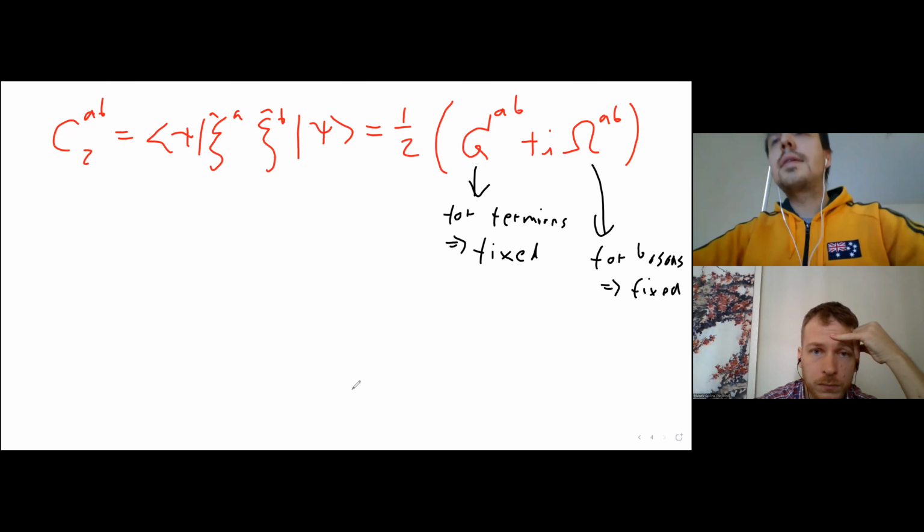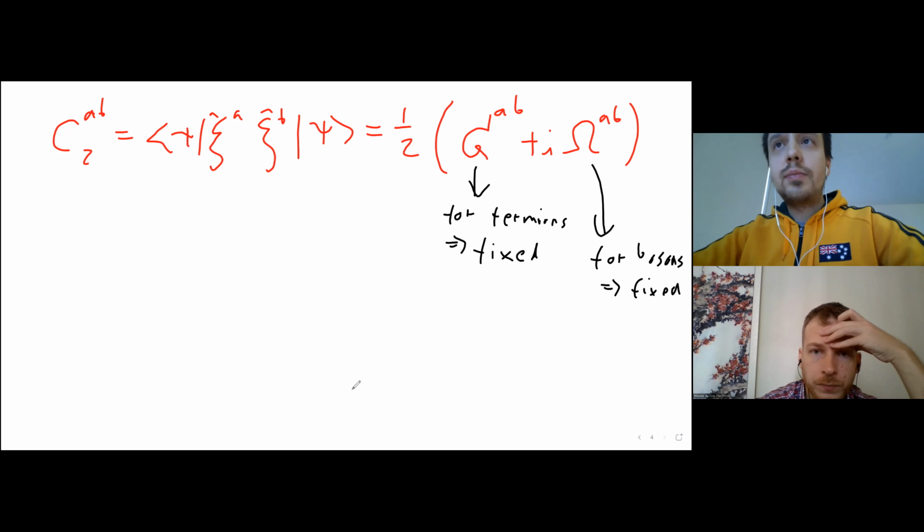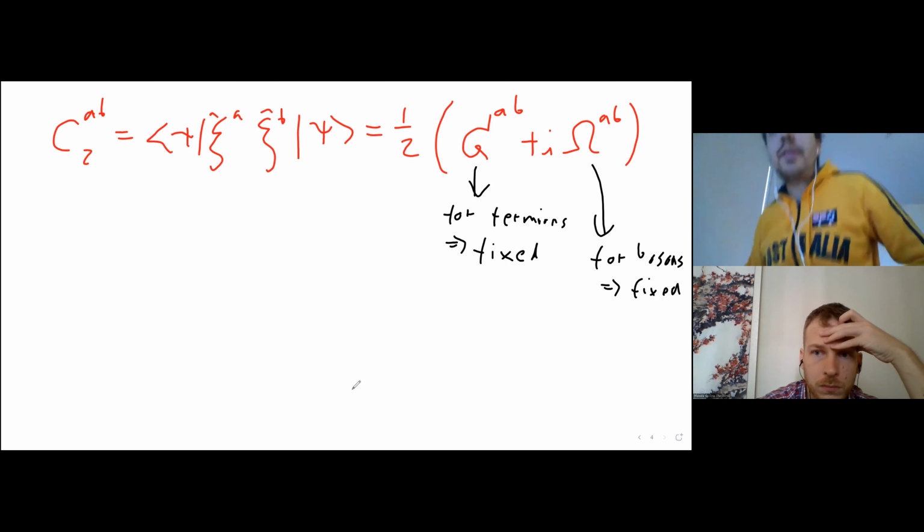The subtlety here is that G depends on the state psi only for fermions, and omega will only depend on the state for bosons. That follows from the fact that we have commutation and anti-commutation relations, which ensures that the symmetric part is positive definite and the antisymmetric part is imaginary. And that might be a nice exercise.